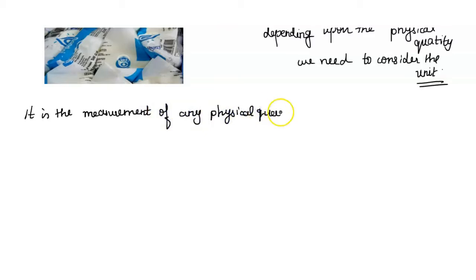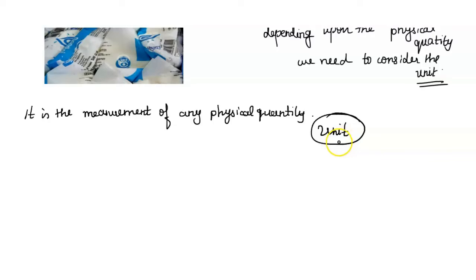We can define the unit as the measurement of any physical quantity that involves comparison with a certain basis, an arbitrarily chosen, internationally accepted reference standard called a unit.